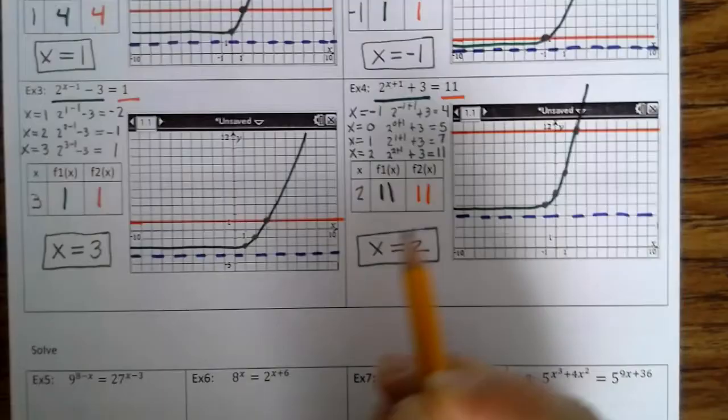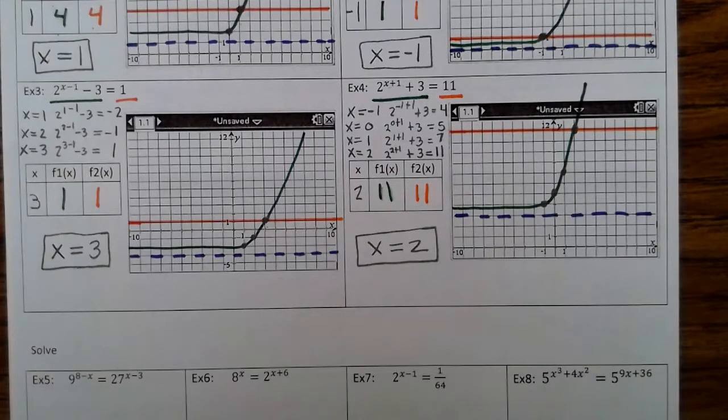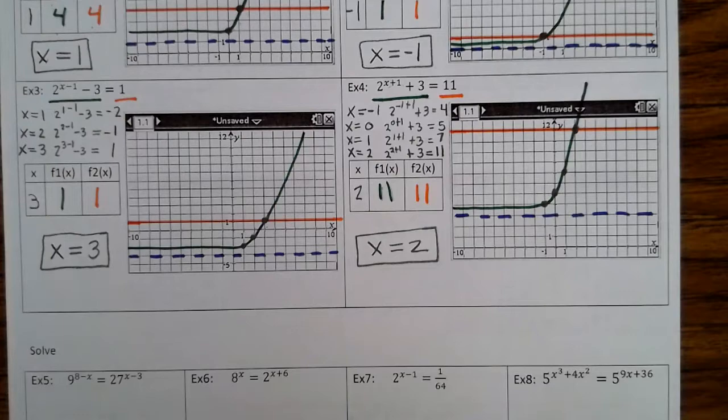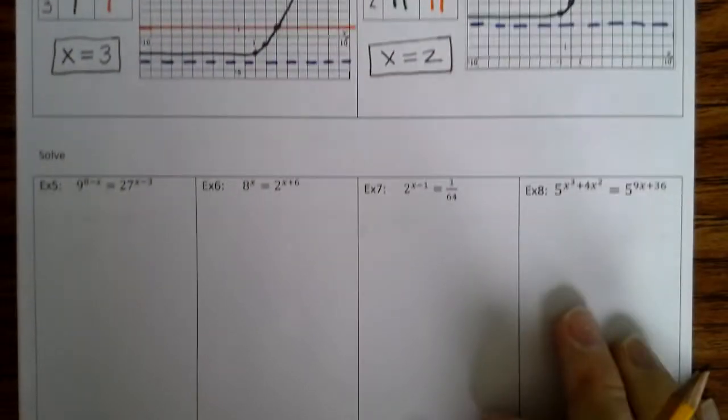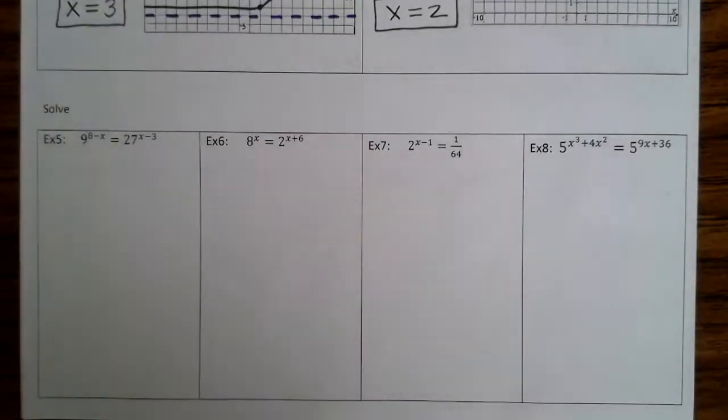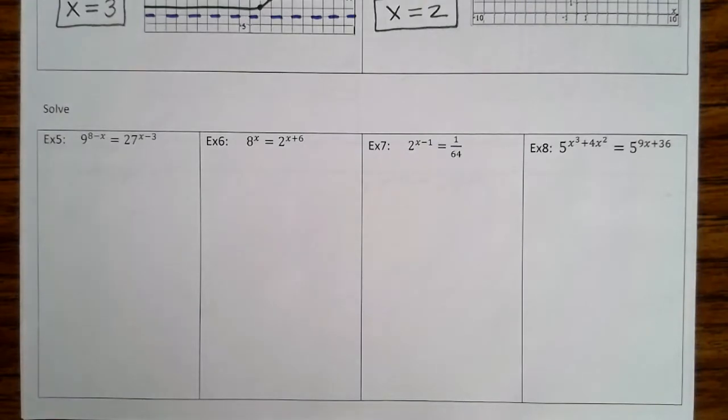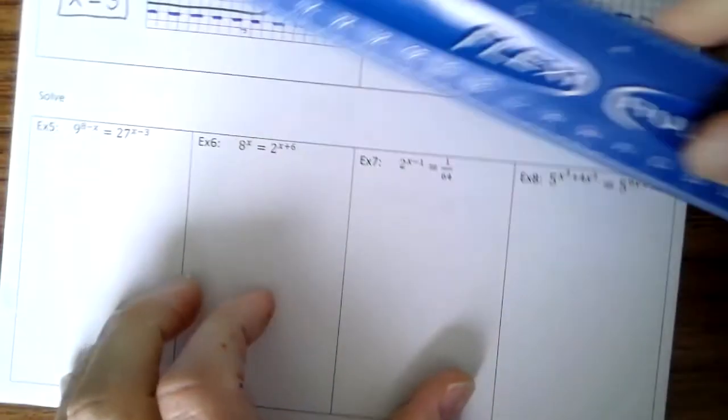All right, so now let's take a look at example 5. Now we're solving algebraically, so we're looking at getting the same base, okay? Now, what you might do before you get started is turn your page, and let's take some time in the video to add some lines just to help keep our work organized.